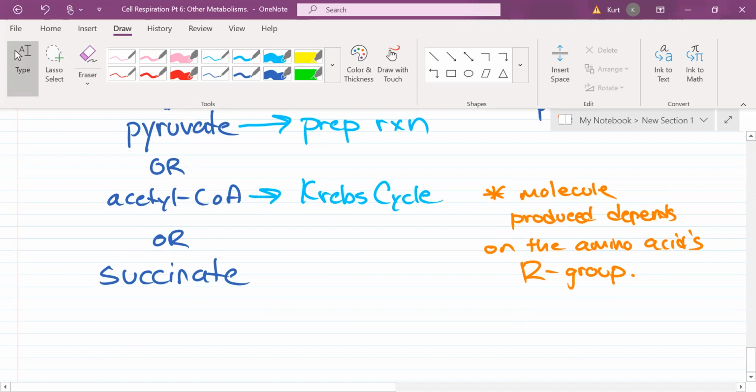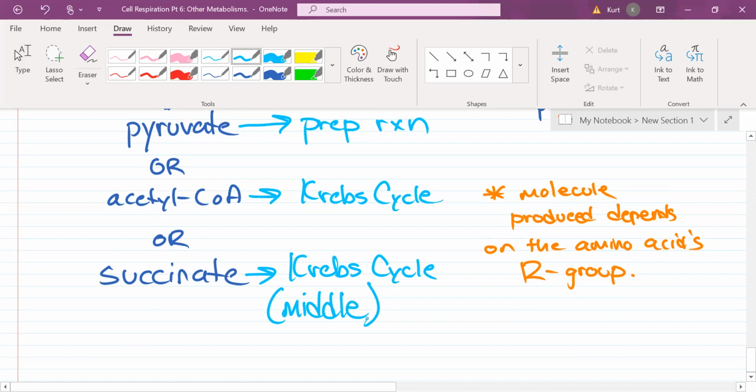What part of the Krebs cycle? I'll give you a choice, beginning or middle. Yeah, because remember we didn't get to succinate until we got into the middle of it. So I'm going to put Krebs cycle, but I'll write middle. Okay, and then you just go from there. You make all the NADH and ATP and FADH2 that you normally would make.